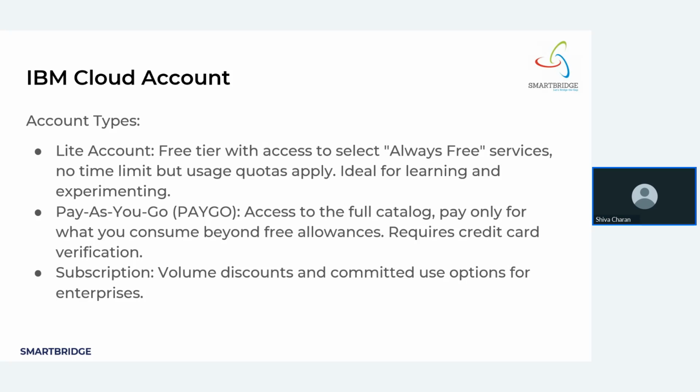That is one more advantage of IBM Cloud. And subscription format is nothing but volume discounts and committed-use options for the enterprise. So these are the three different types of cloud accounts: Lite, pay as you go, subscription.